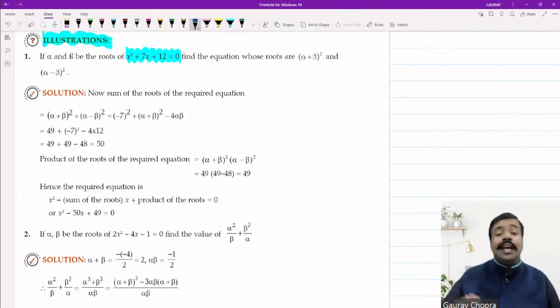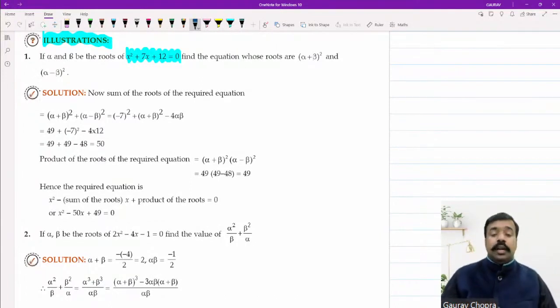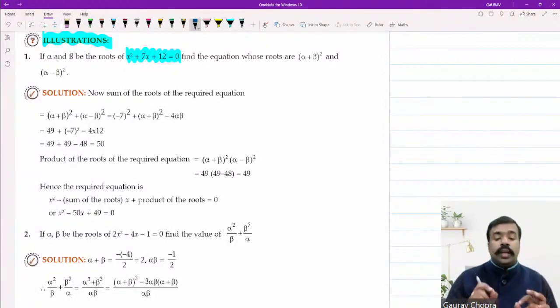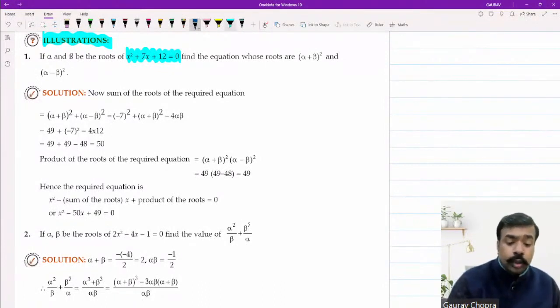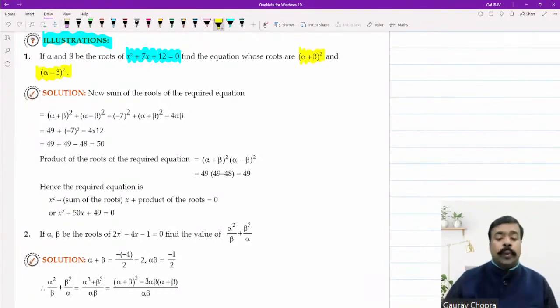So first of all, we have to think, we have to imagine what is our requirement. Given is equation, also we have to find out the equation. Now what kind of equation is required? So we require equation whose roots are alpha plus beta whole square and alpha minus beta whole square. So first of all, let us simplify them.